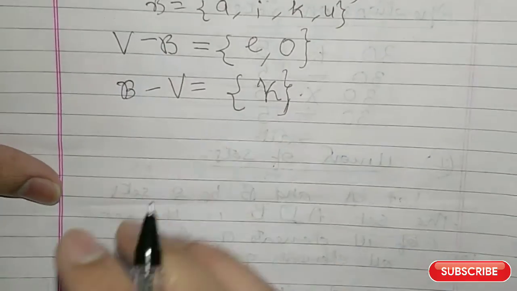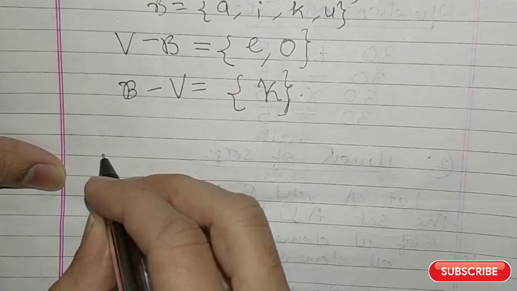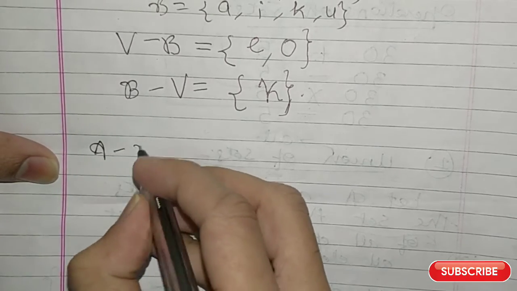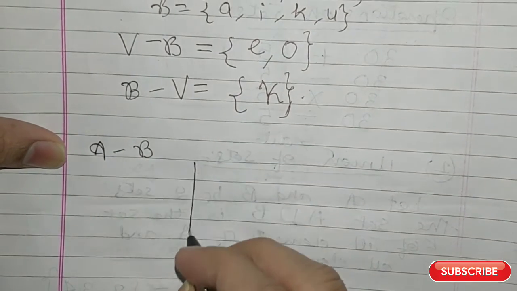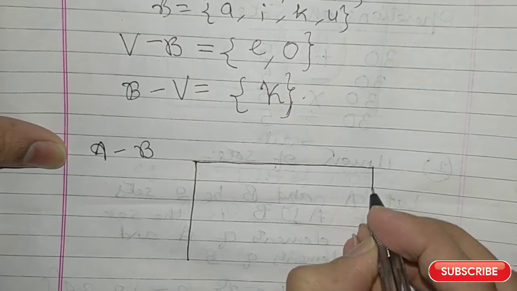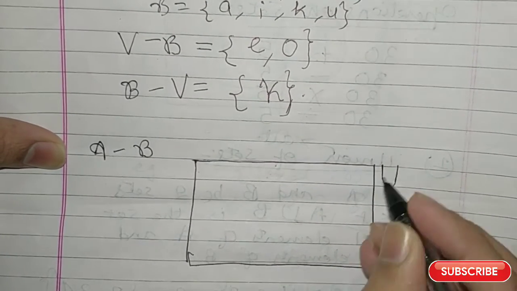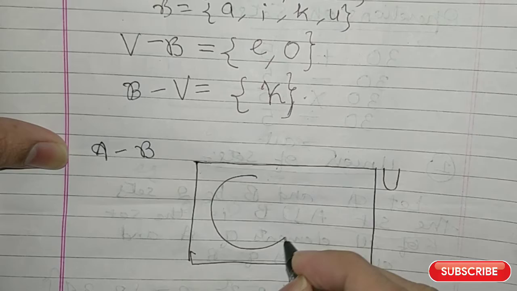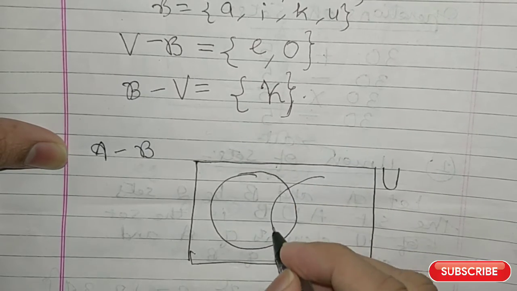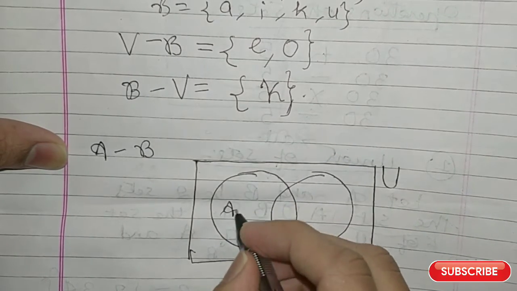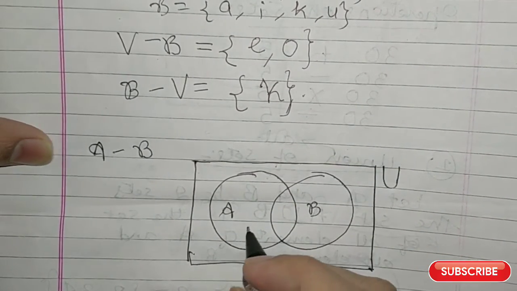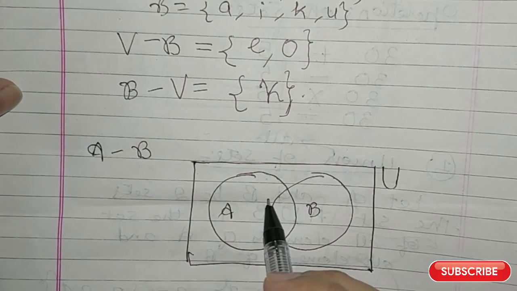Now let us look at the Venn diagram for the set A minus B. So you draw the universal set, and then you take the two sets A and B. Now A minus B means what?